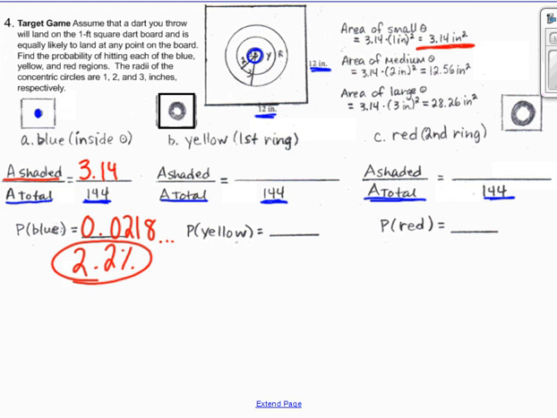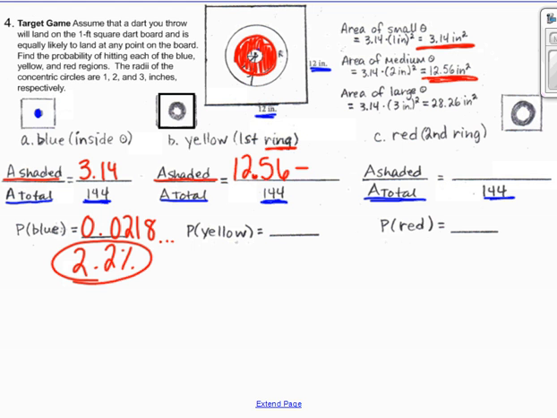Now for B, this is where it starts to get a little trickier. You don't have a formula for the area of a ring. There is no formula for that. So this is the idea: find the area of the whole circle, which you do have, that's this 12.56. And what you're going to do is subtract out the middle, and that will give you the ring.